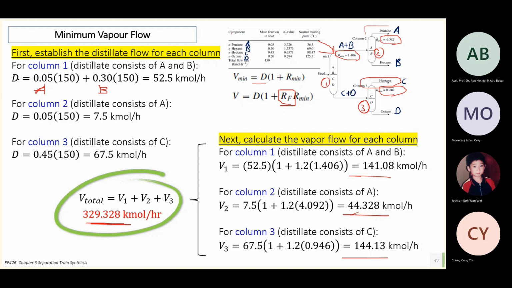Now, column 1, calculate the distillate only. Why distillate only, not bottom? Because we want to calculate the vapor, total vapor. Now, distillate, column 1, A plus B. 0.05 here is the mole fraction in the feed over here.